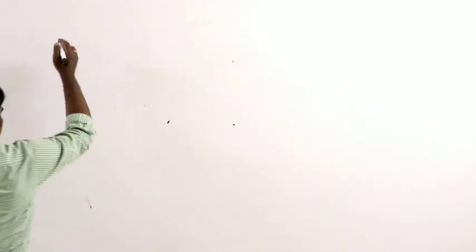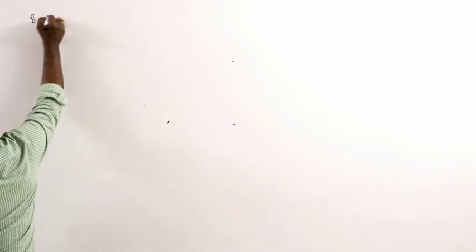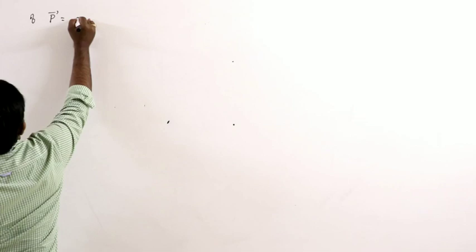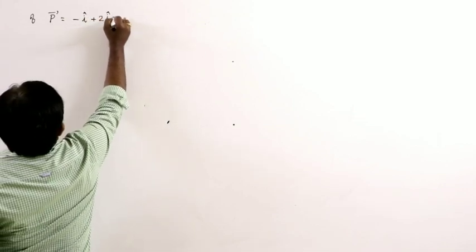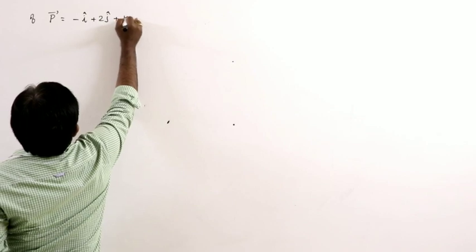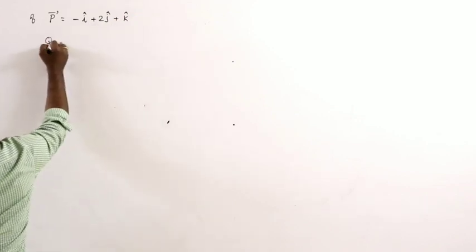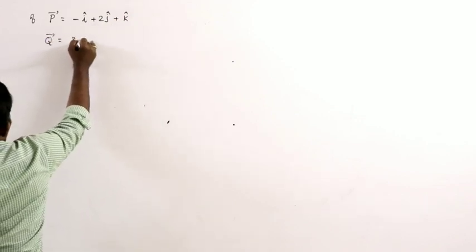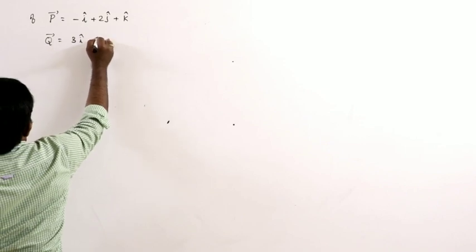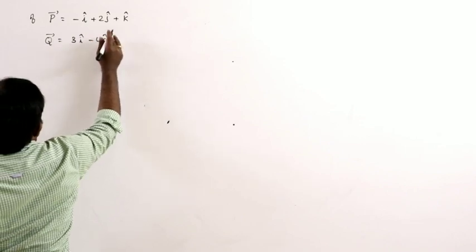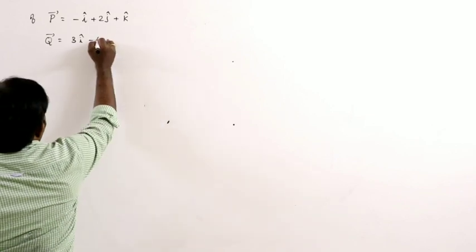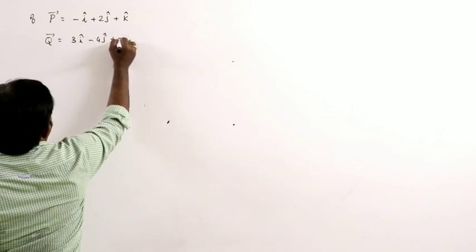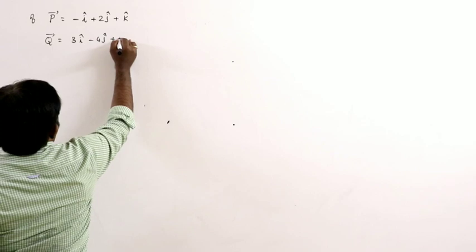So let us say here one more problem. If p bar is equal to minus i plus 2j plus k and q bar is equal to 3i minus 4j plus 2k.